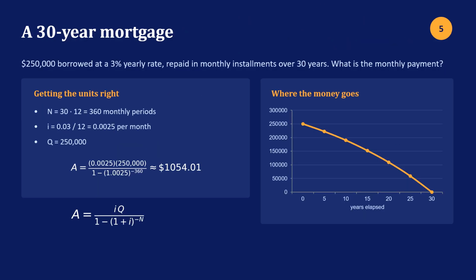I have a simple example using our formula from the previous slide, which I copied down here. So we have $250,000 borrowed for a 30-year mortgage at 3% yearly rate, nominal rate for the year, repaid in monthly installments over 30 years, and we want to find A. So N equals 30 times 12.